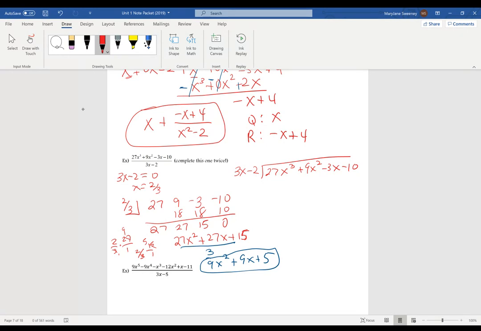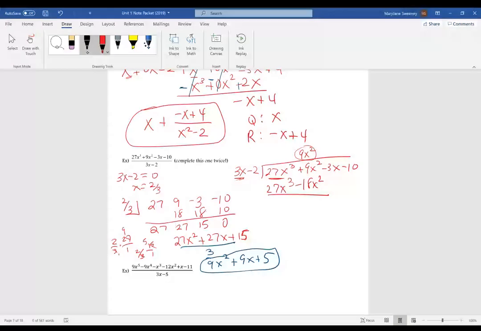So I'm going to say what times 3x gives me 27x cubed? The first that I put up here times the first here has to give me the first here. So that'd be a 9x squared. 27x cubed. 9x squared times a negative 2 is negative 18x squared.